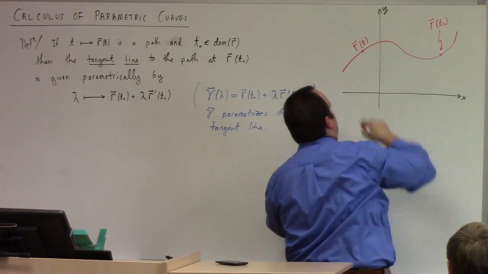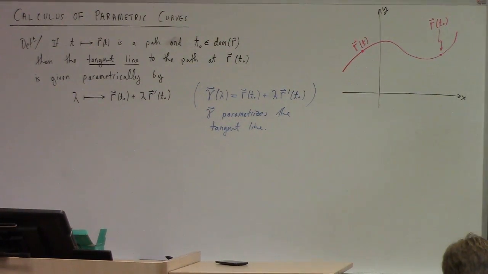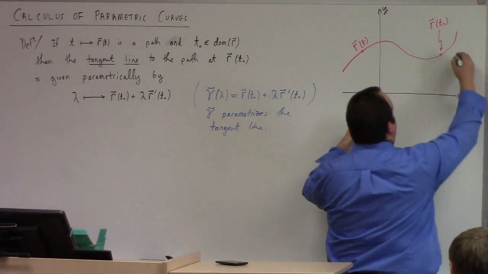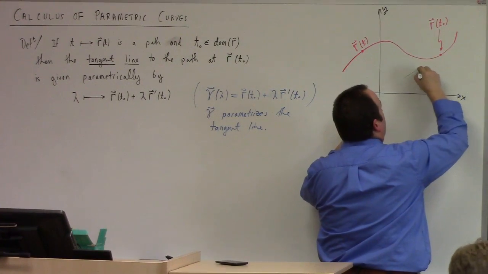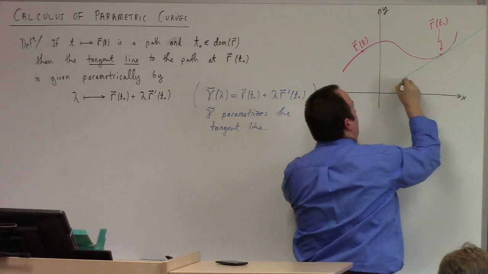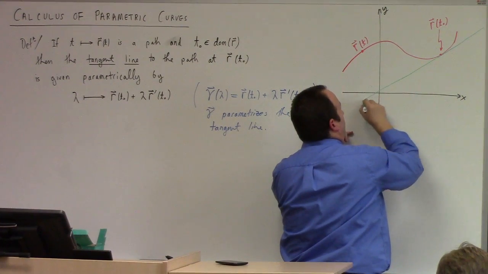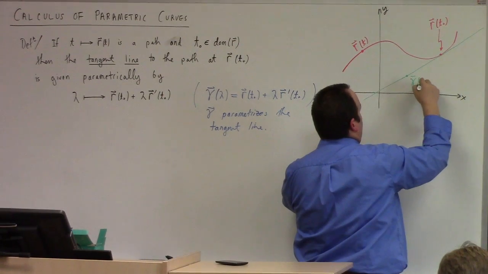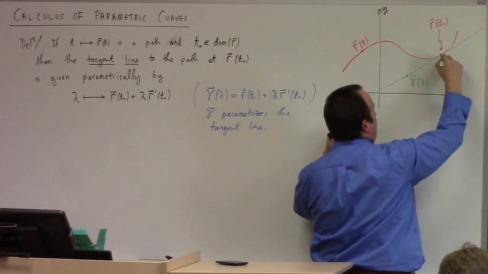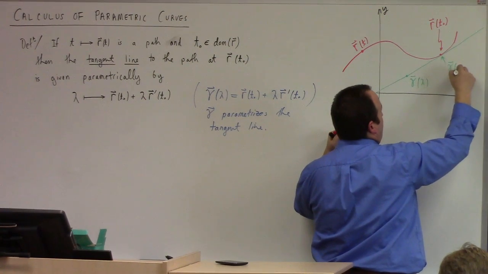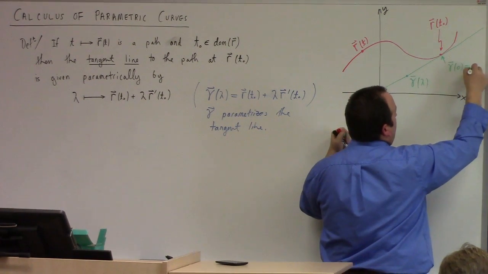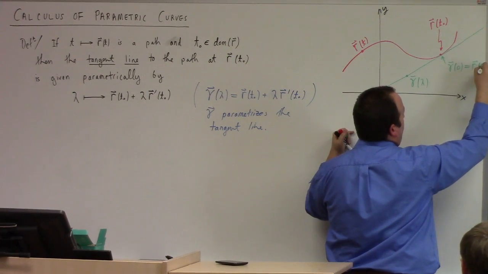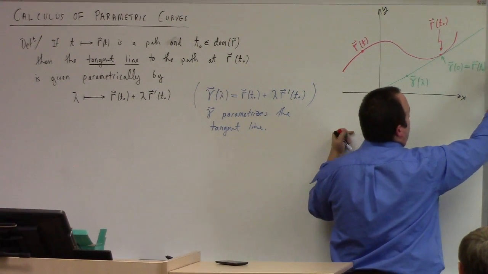R of t is the typical point on this path. And we're just trying to describe the tangent line, which would look something like this here. All right? So here, a typical point, this would be like gamma of lambda. This right here in my current language is gamma of 0. All right? Gamma of 0 is R of t naught. So that's the point of tangency.